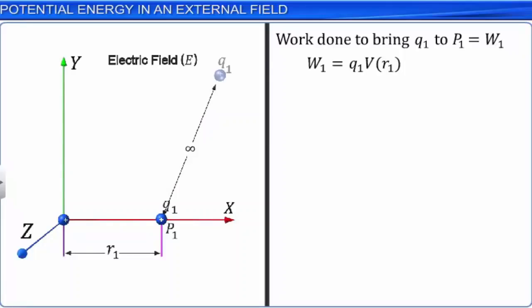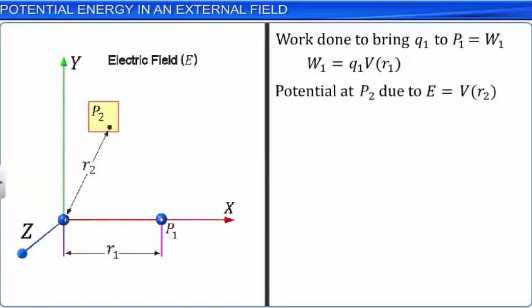Now let us consider another point P2 in the electric field, whose position vector with respect to the origin is R2, and the external potential at the point is V of R2. Let the distance between points P1 and P2 be R12.